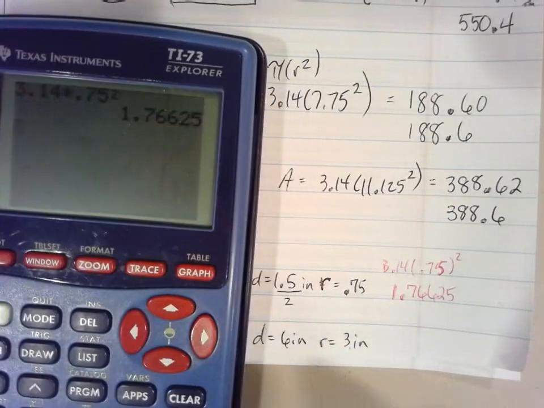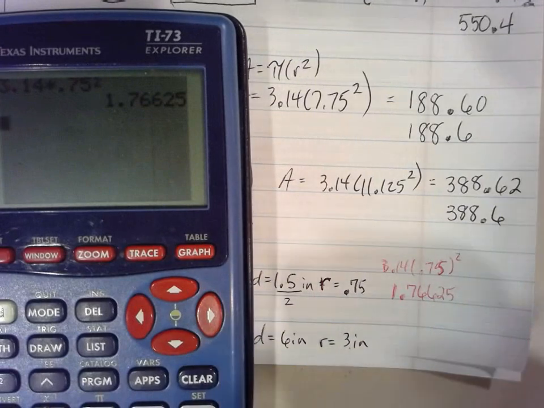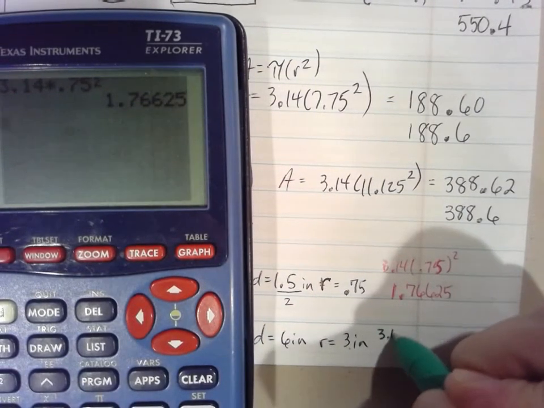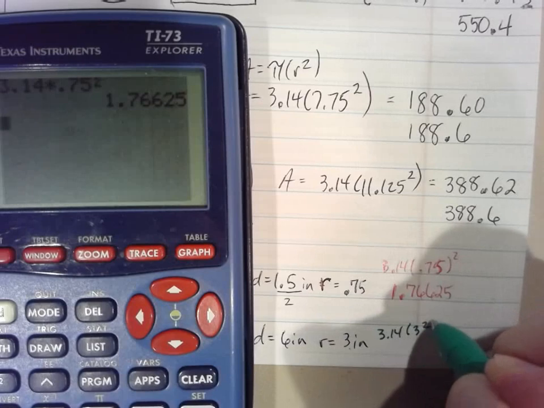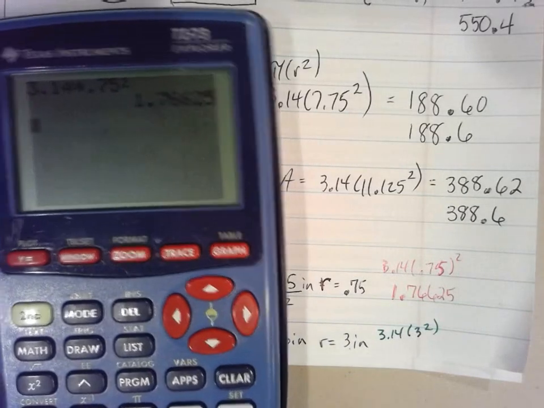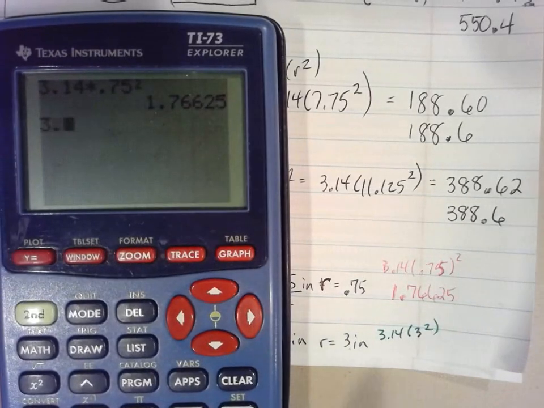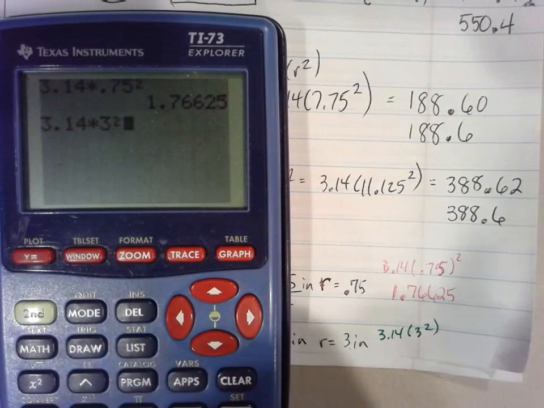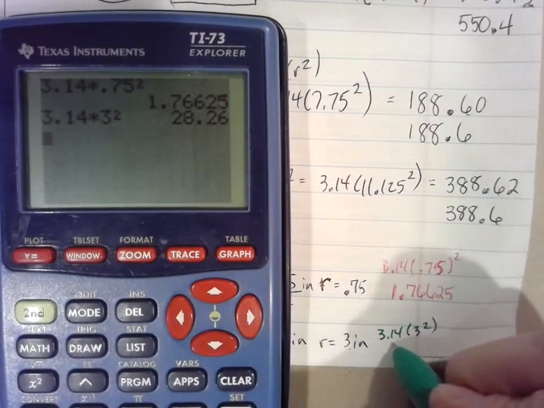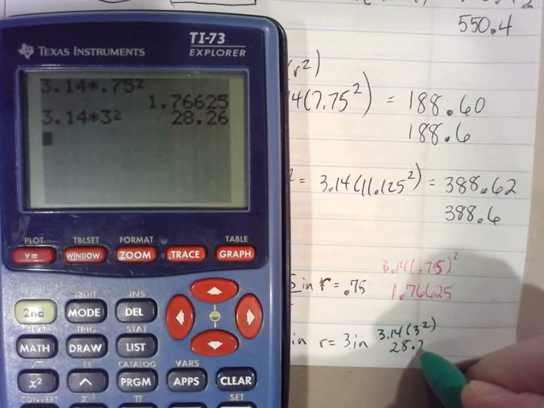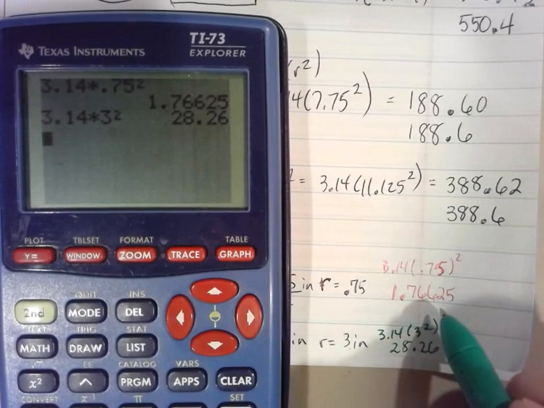Okay. Now we'll go down here and we'll do this one. And that one would be pi times 3 squared. Right, let's see that. Pi times 3 squared. And that is 28.26.